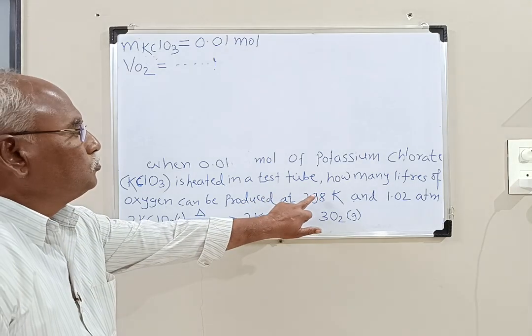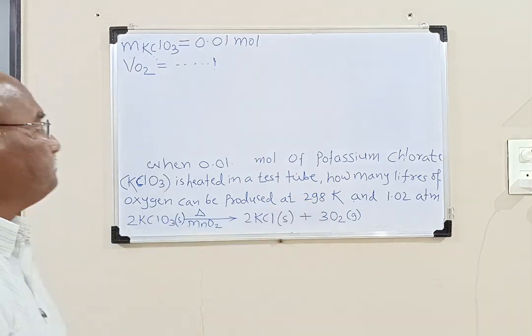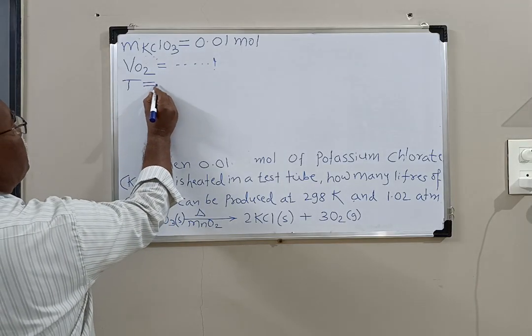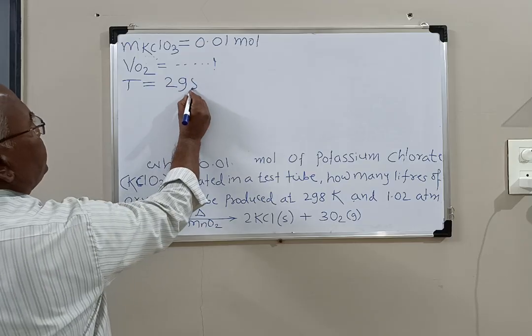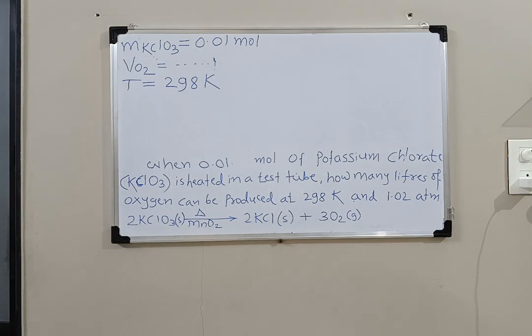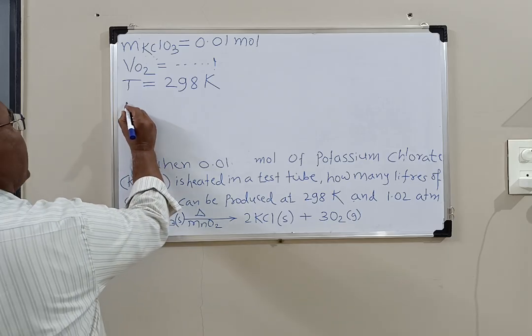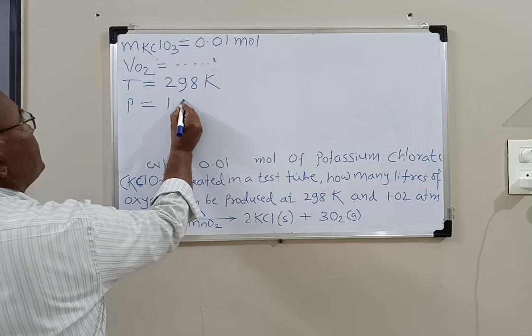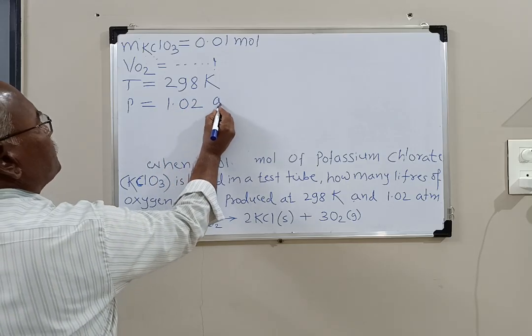At 298 Kelvin, temperature is 298 Kelvin and pressure is given in atmosphere, P is equal to 1.02 atmosphere.